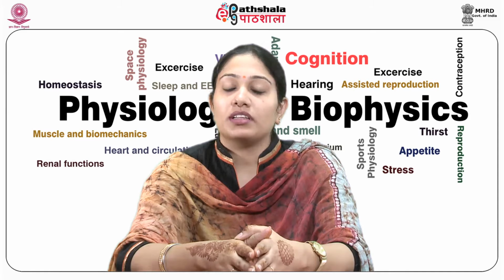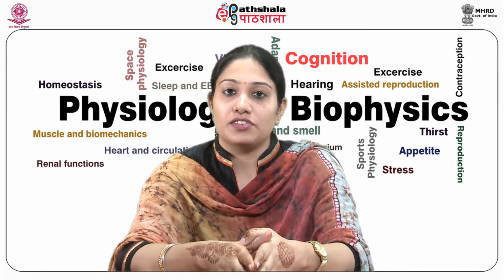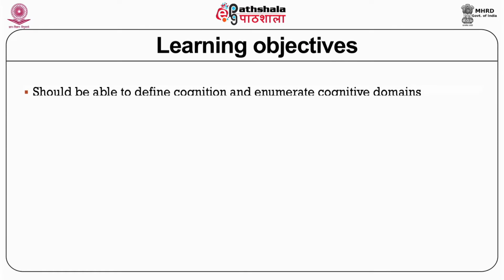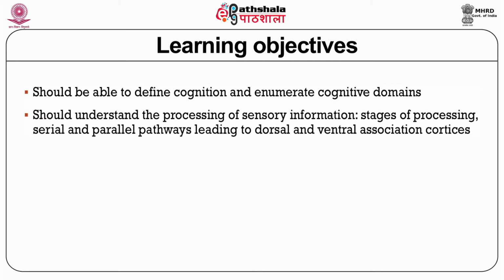So, what are the specific learning objectives of this module? The main specific learning objectives are: the student should be able to define cognition and enumerate the cognitive domains. Second, he should understand the processing of sensory information, the stages of processing, serial and parallel processing pathways which lead to dorsal and ventral association cortices.